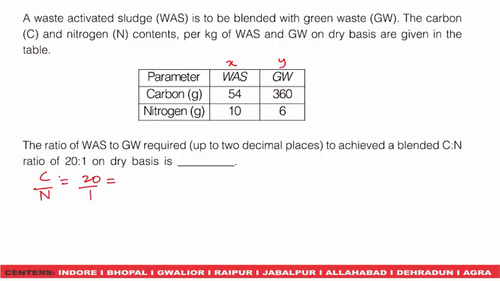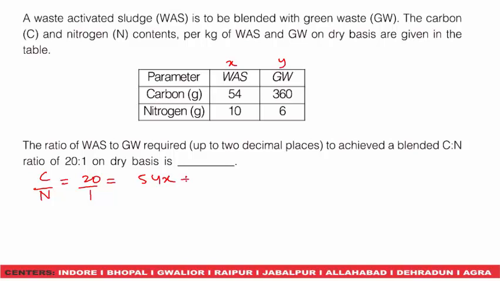Now the contribution of carbon from WS will be, for each kg it is 54 gram. So if it is X kg, then it will be 54x. We are neglecting the conversion of gram into kilogram.